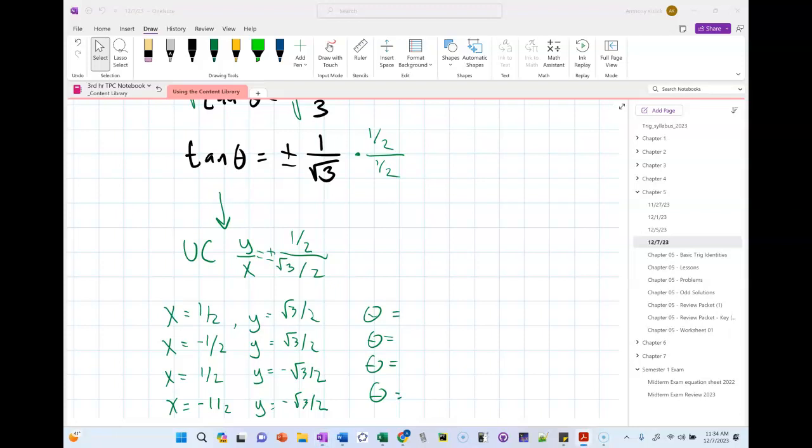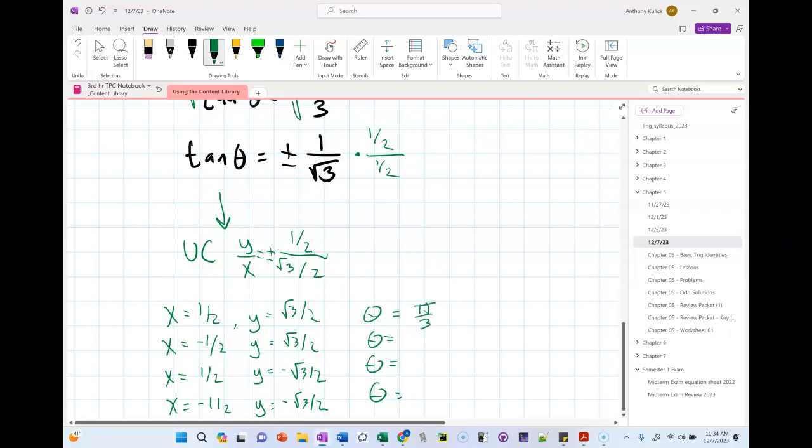It's taking too long. Pi over 3, yep. What else? What's the next one? Yup. What's the next one?